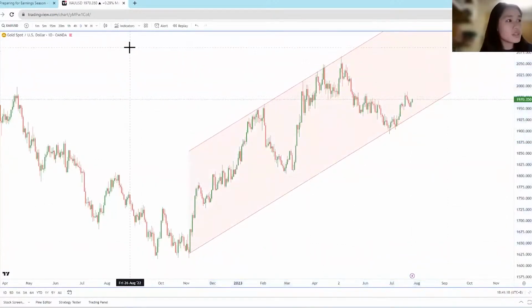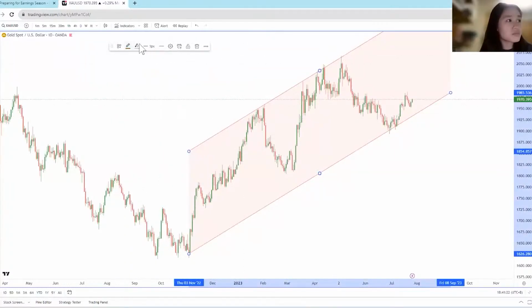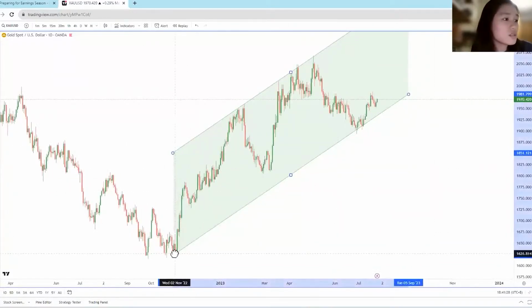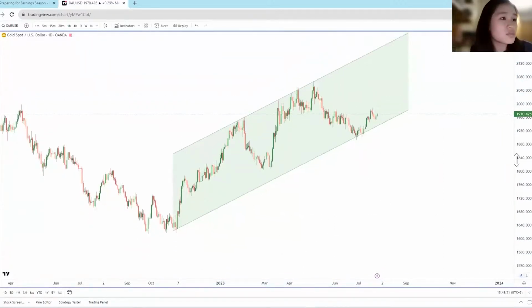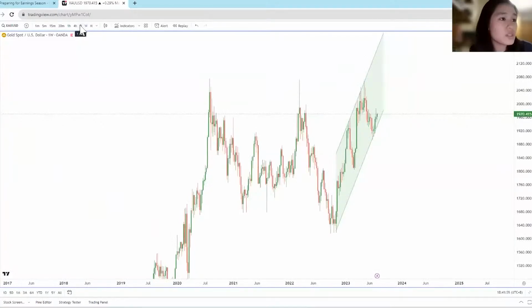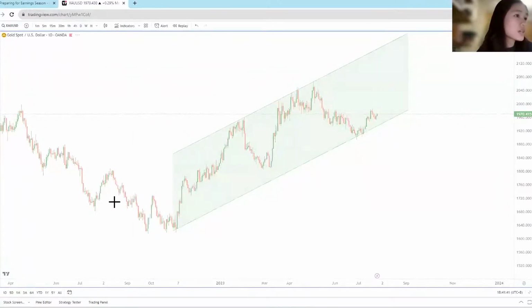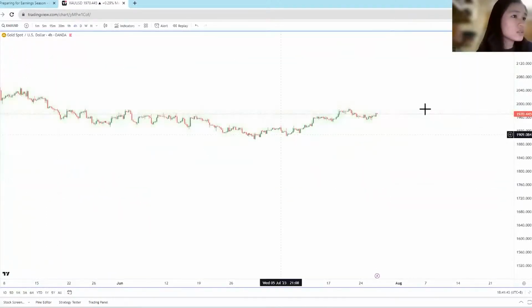Okay, we have an ascending trend line here. So pretty bullish on both the weekly as well as the daily time frames. Okay, let's take a look at the 4 hours as well.